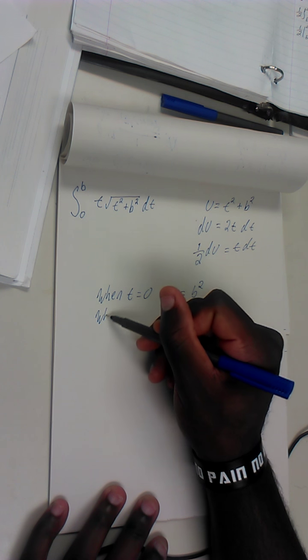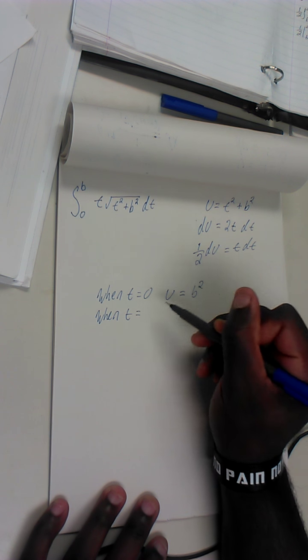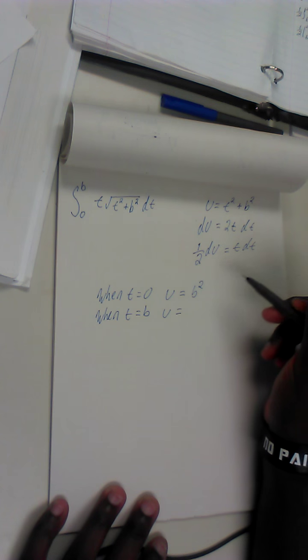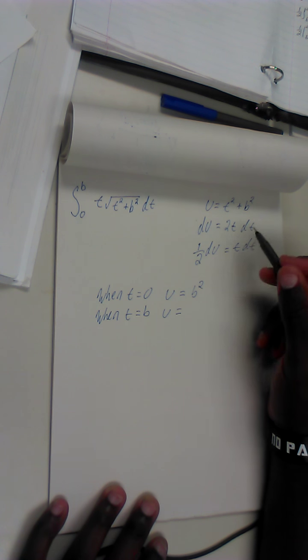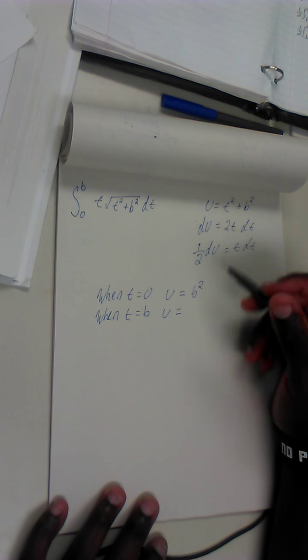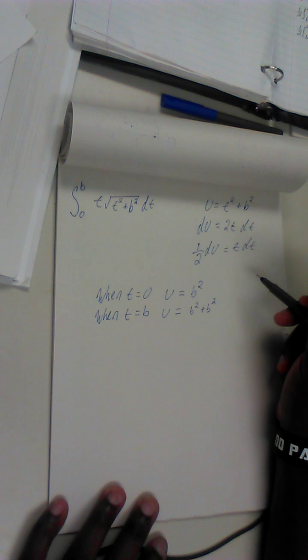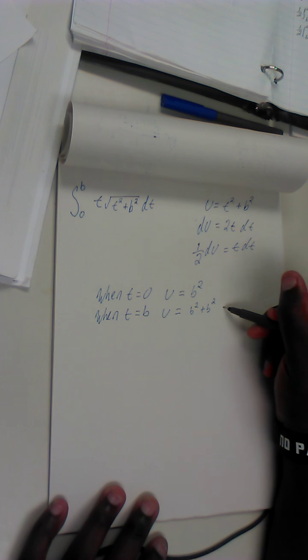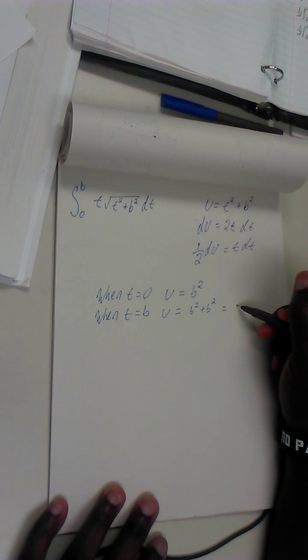And when t is equal to b, u is equal to b squared plus b squared, right? And b squared plus b squared is equal to 2b squared.